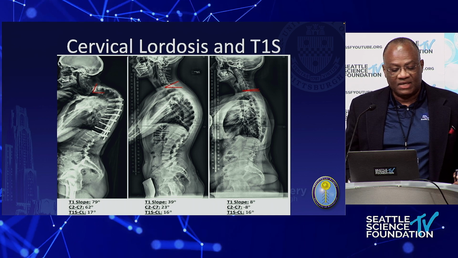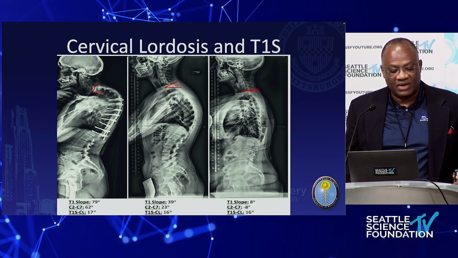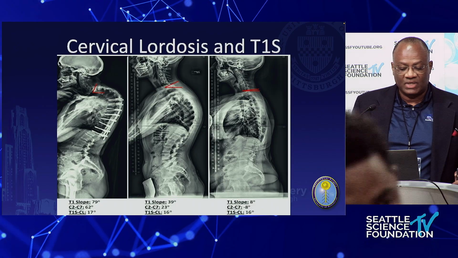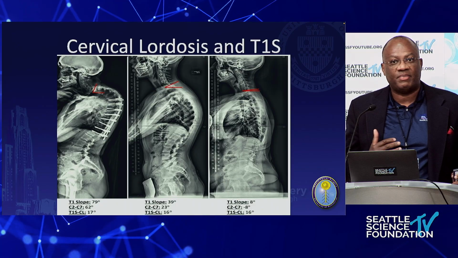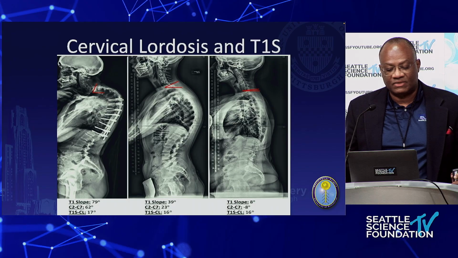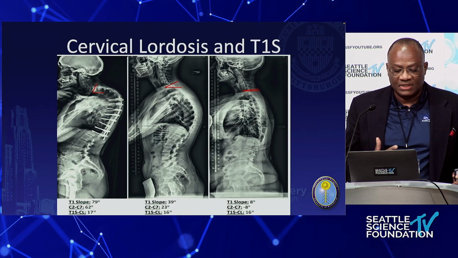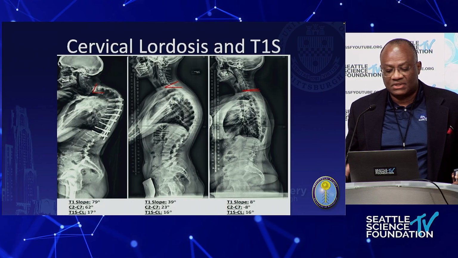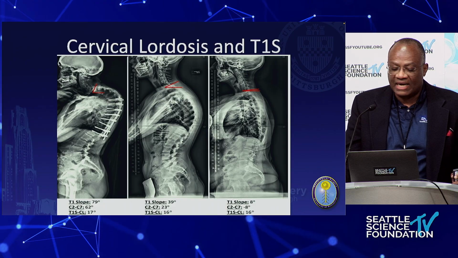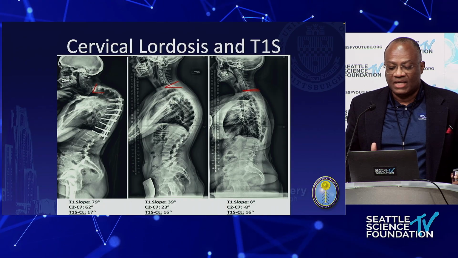They now have a large T1 slope and require a larger C2, C7 lordotic angle to maintain their horizontal gaze. This is all about quality of life, maintenance of horizontal gaze, versus the patient in the middle panel who has a more balanced look of life versus the other patient.